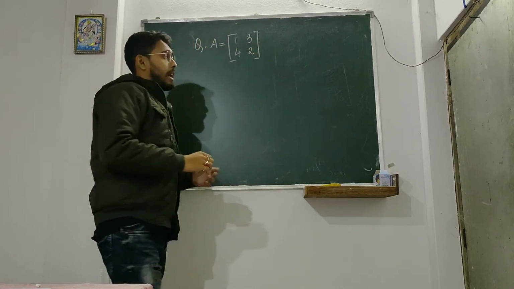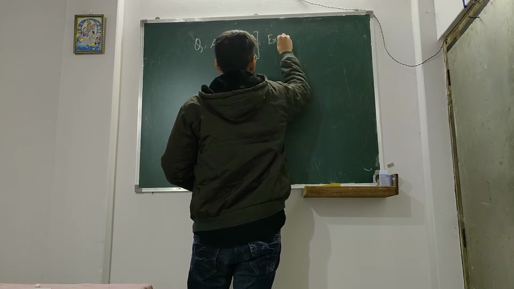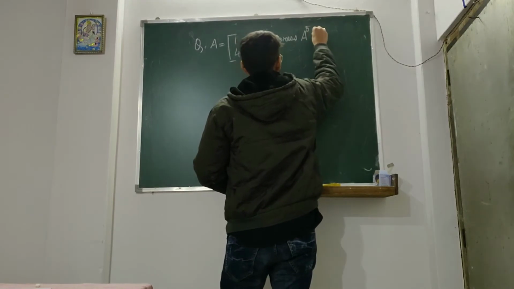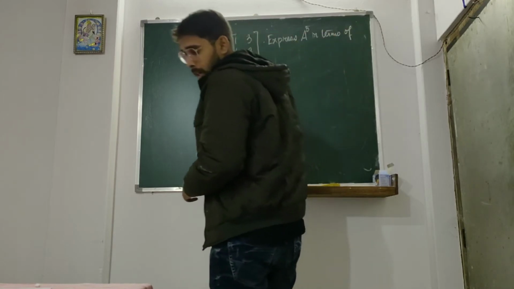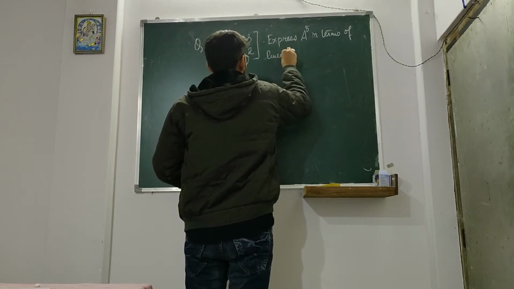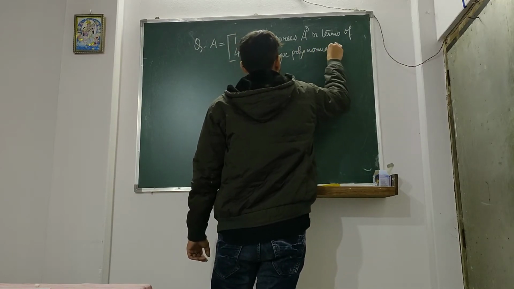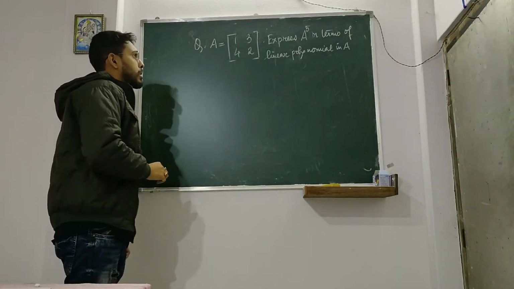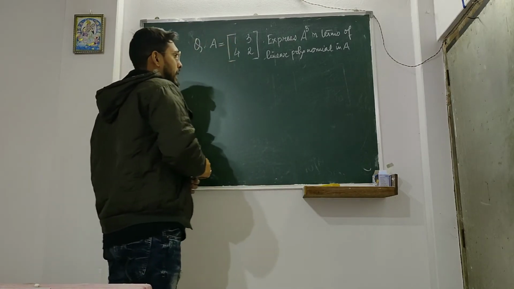And the question says that this A is given, so we need to express A to the power 5 in terms of linear polynomial in A. So we are going to use Cayley Hamilton Theorem to express A to the power 5 in terms of linear polynomial in A.